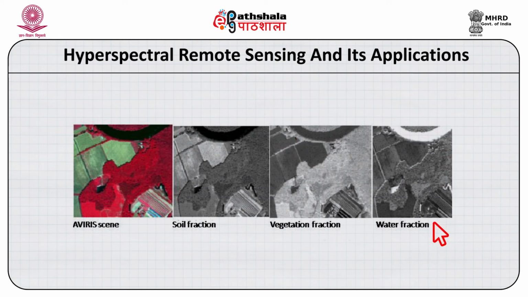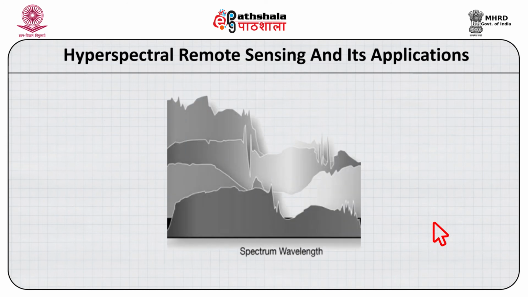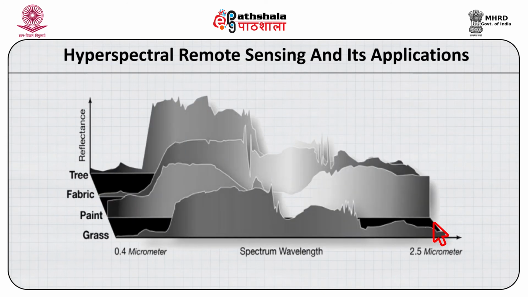By using linear unmixing we can separate out different objects. Now, if we see figure 13, we have the wavelength region on the x axis, and on the y axis we have grasses, paint, fabrics, and trees. The profile clearly shows that different objects can be separated out by using hyperspectral data.